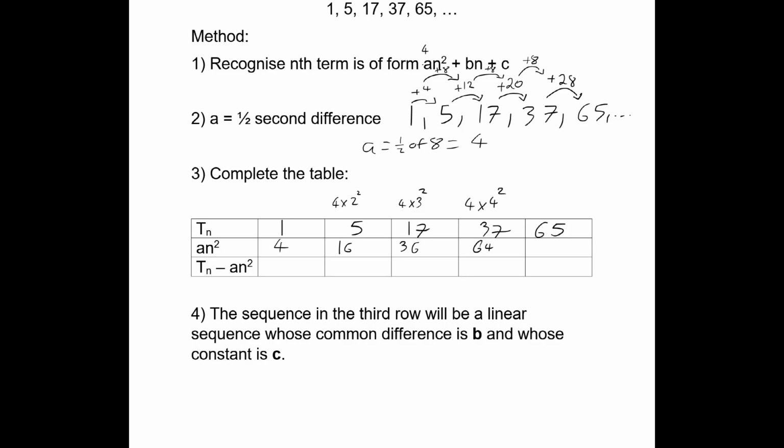And 4 times 5 squared, well, 5 squared is 25. 4 25s are 100.